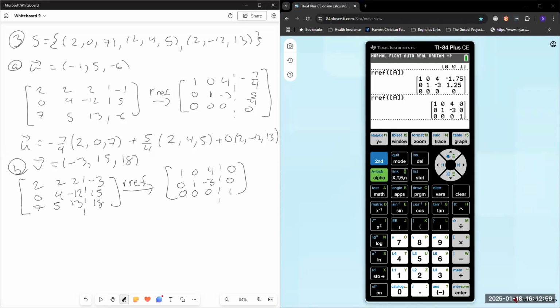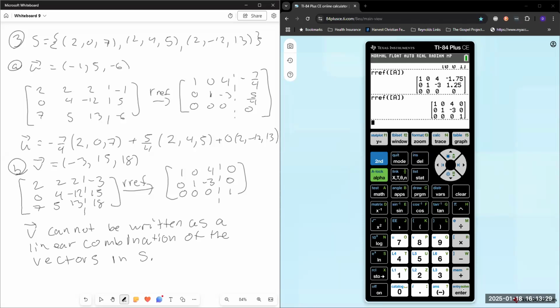And you see this false equation down here at the bottom that tells me V cannot be written as a linear combination of the vectors in S.